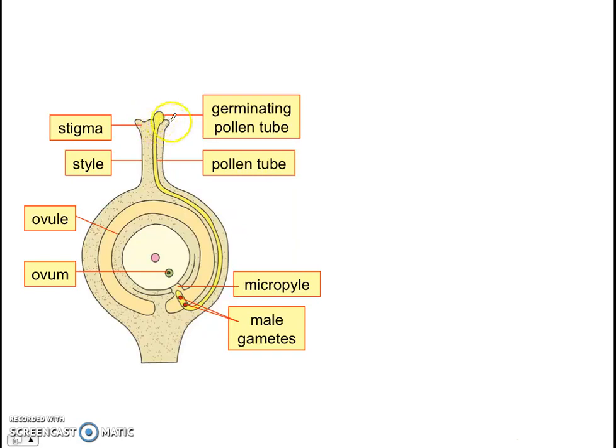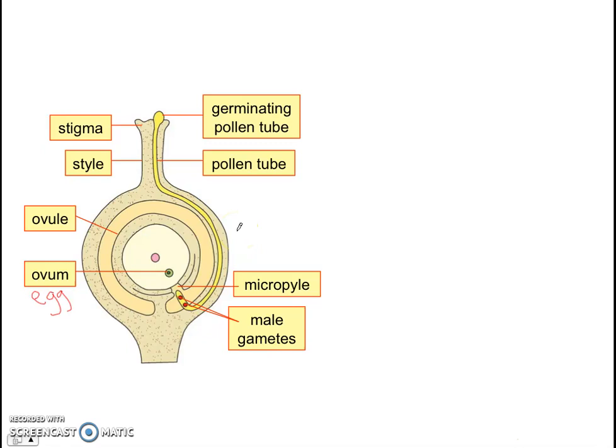You can see that this is the pollen grain here, and the pollen tube is already growing out of it. Inside the pollen tube, we can see the male gametes moving towards the female gamete, which is the ovum or the egg. The ovum or the egg is found inside the ovule. And these are the other parts of the flower.